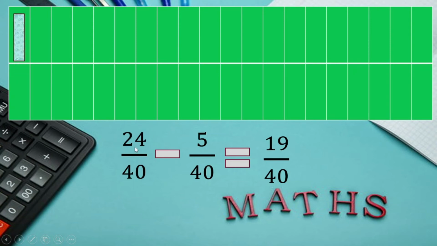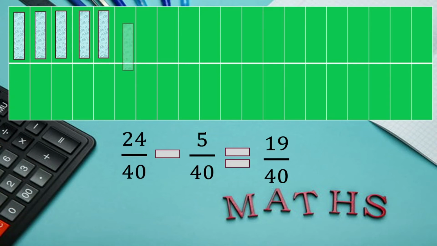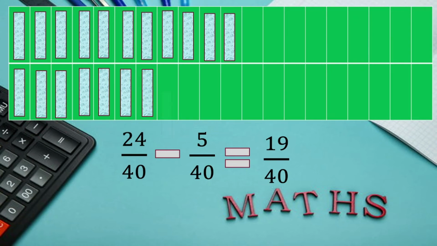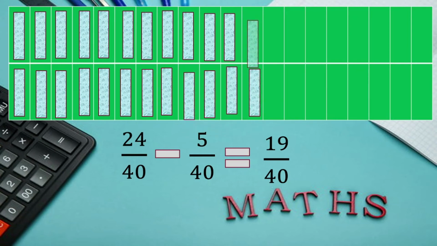Okay? 1, 2, 3, 4, 5, 6, 7, 8, 9, 10, 11, 12, 13, 14, 15, 16, 17, 18, 19, 20, 21, 22, 23, 24.